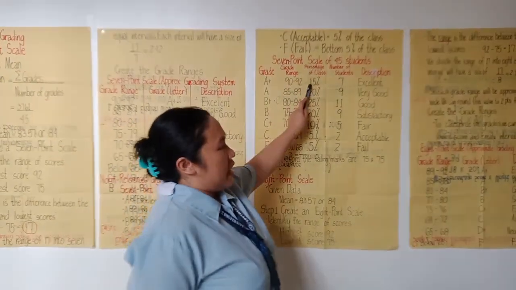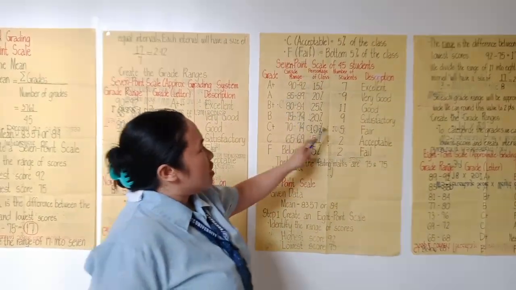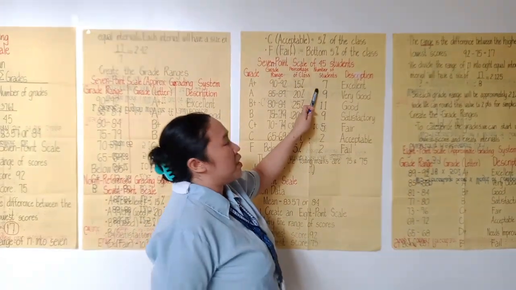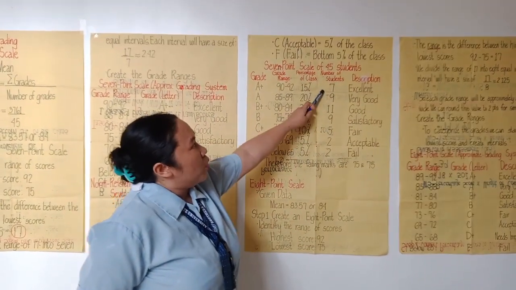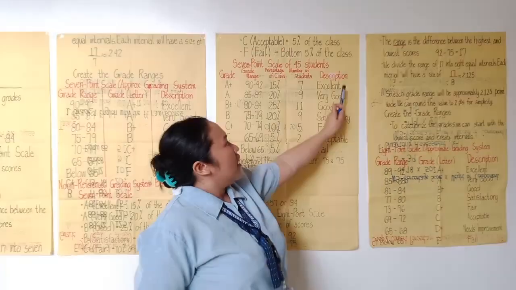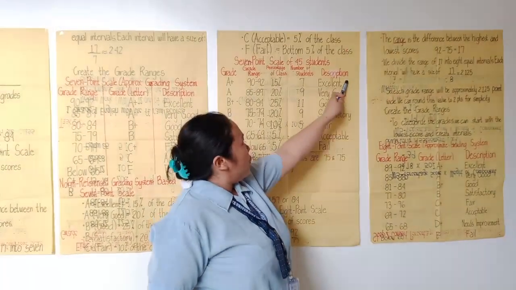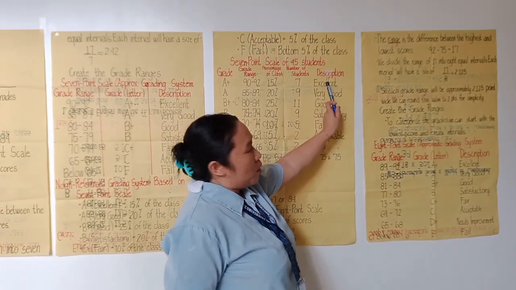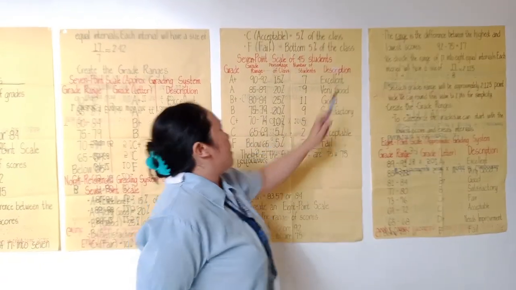So 15% of 45 students is equal to 6.75. We will round up to 7 students. Described as the top 15%, which are the excellent students.